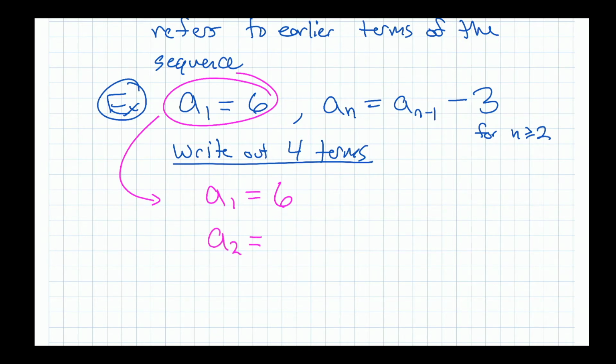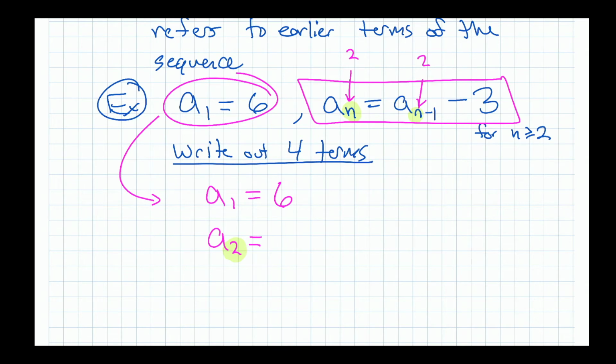Well, how do you calculate A2? Well, this right here, if you put in a 2 for the n, right? We have a 2 there. So if you put a 2 there, then you also have to put a 2 there, right? Because that's what the formula says, n is n. So if you put a 2 in for n in one place, you have to put a 2 in for n everywhere.